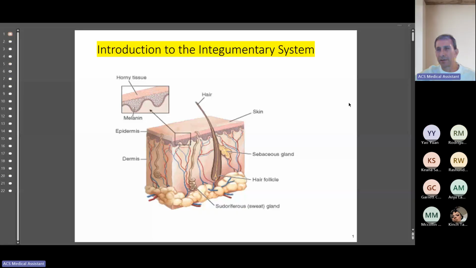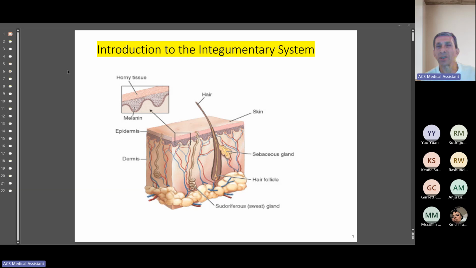Now you should be seeing the new one. It says introduction to the integumentary system. Yeah, we see it, it's got the hair follicle. Excellent. I'm getting the hang of it, because yesterday was a disaster for me. But well, finally we get through.